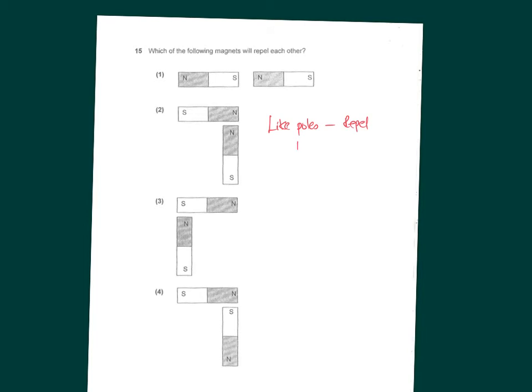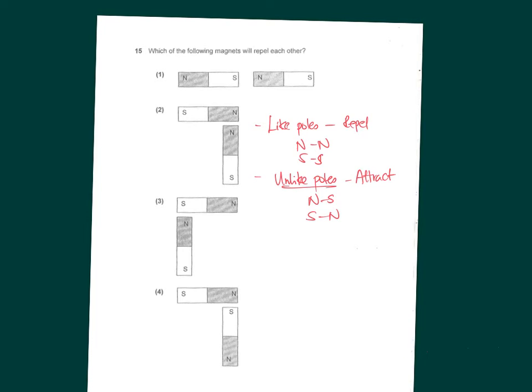For example, N and N, S and S. So these are like poles. Like poles will repel, and correspondingly unlike poles will attract. So for example, N, S, S, N. These are combinations of unlike poles, alright?